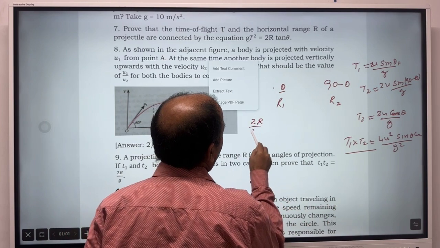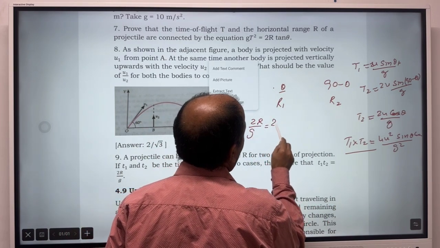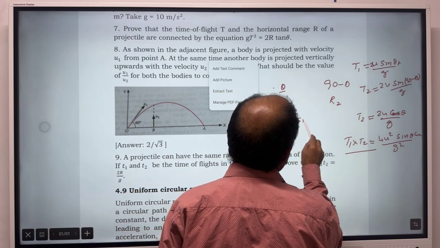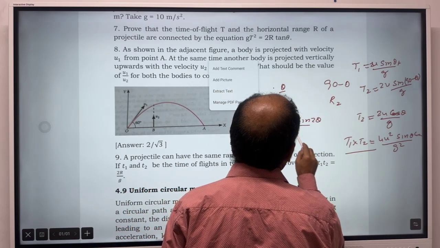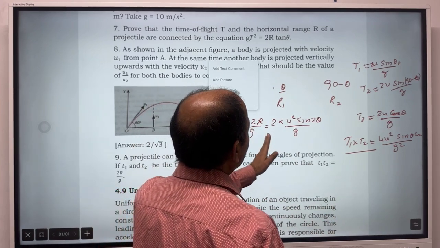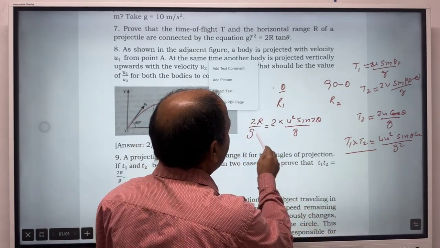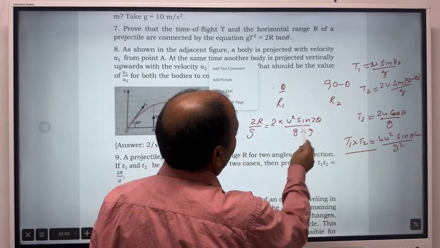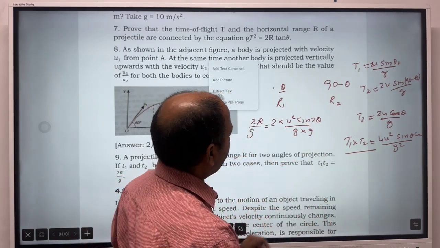2R upon g, so twice of R, where R is u square sine 2 theta upon g, 2 into R upon g. So here this g is also there, so this will become g square. And if you open the bracket, you will get 2 from here.